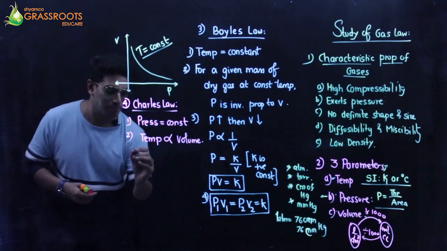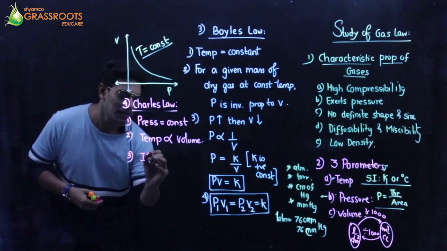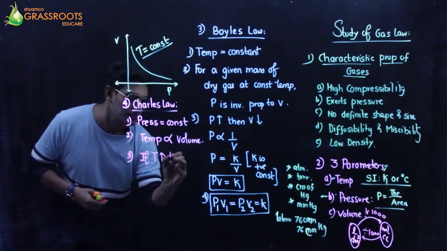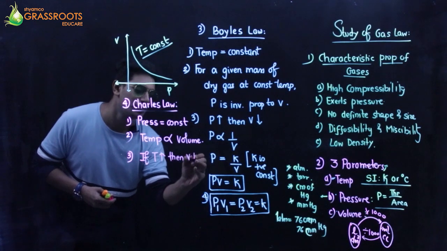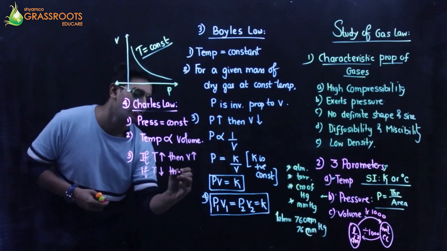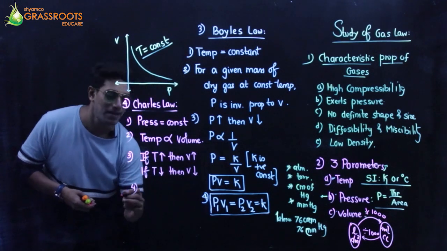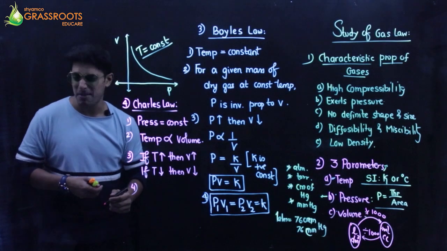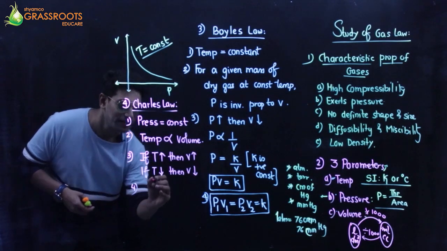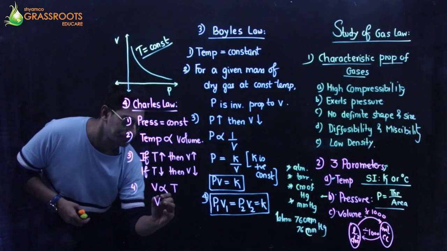The third pointer. Temperature is directly proportional to volume. If temperature increases, then volume increases. If temperature decreases, then volume also decreases. From here you can write the mathematical notation. Volume is proportional to temperature.